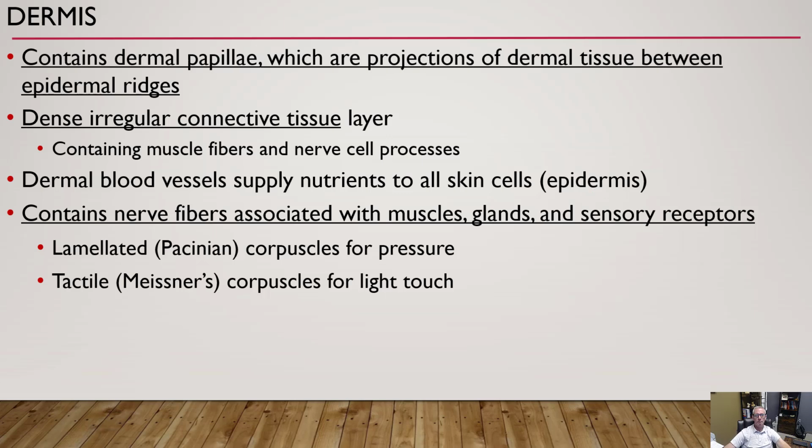All right. Made up of dense, irregular connective tissue. So remember, we don't see that nice wave-like pattern that we do with dense, regular connective tissue. Has a lot of muscle fibers, nerve cells. We do have that blood supply, those blood vessels that are going to supply the nutrients to the epidermis. We talked about those tactile or Meissner's corpuscles for light touch. But we also have these things called lamellated or Pacinian corpuscles for pressure.